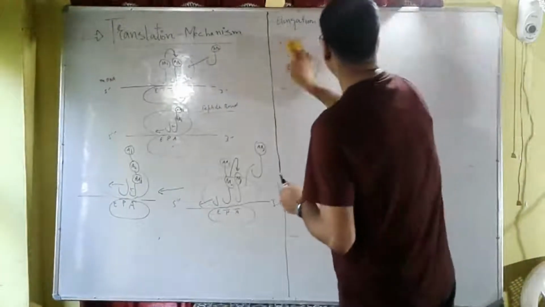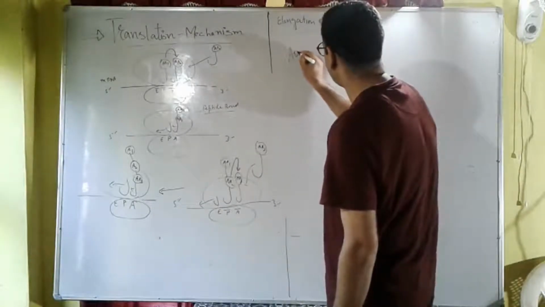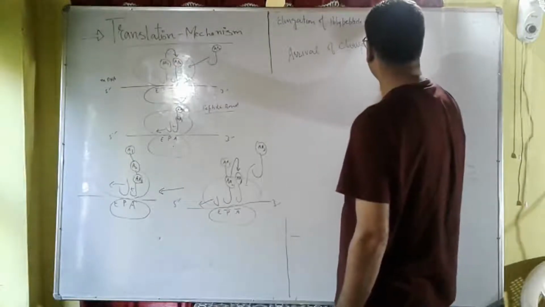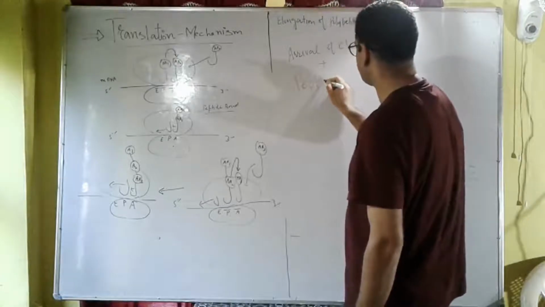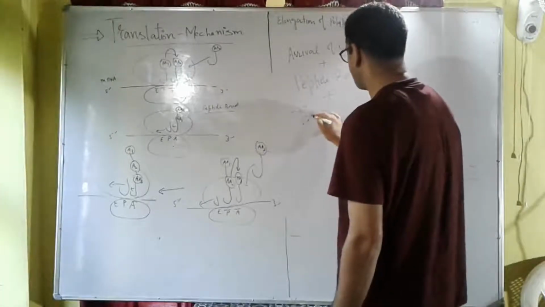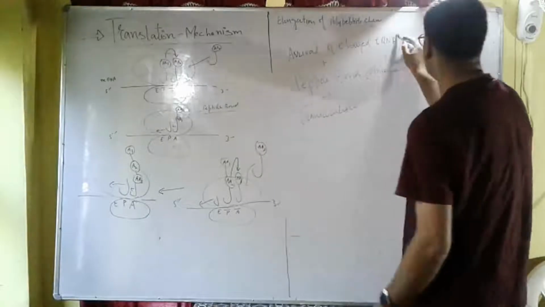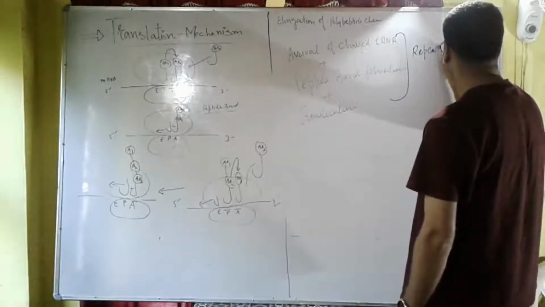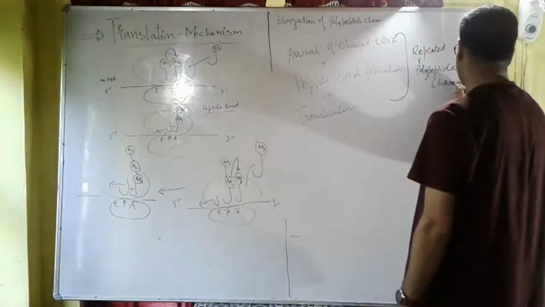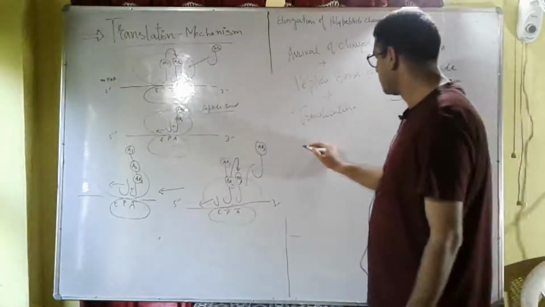Three processes are important in the elongation of the polypeptide chain: arrival of charged tRNA, peptide bond formation, and translocation. They are repeated and the polypeptide chain grows.